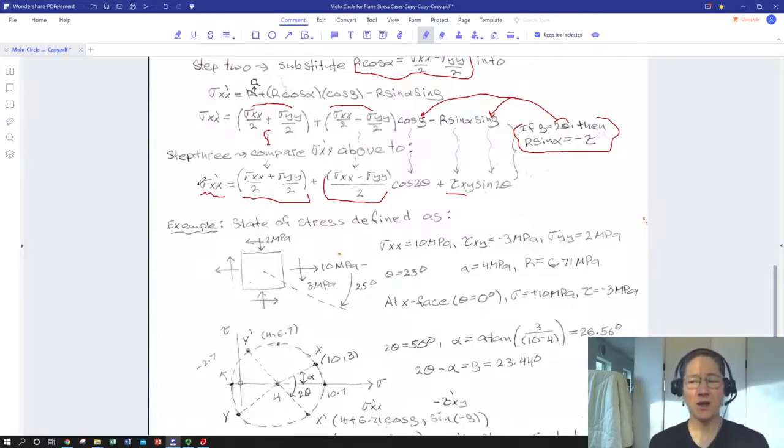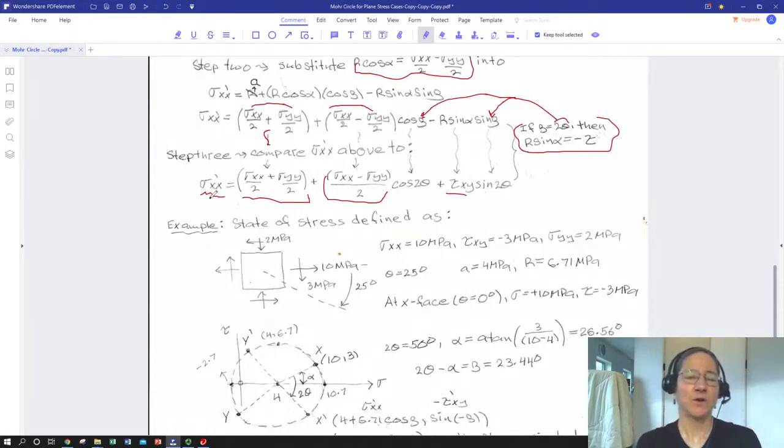Now we've backtracked. All of this mathematical wrangling has been backtracking in the direction of saying, well, I want to reintroduce theta because it links me to something on my real part, but I want it in terms of something that's going to make sense on my Mohr circle. So that's what this term does.